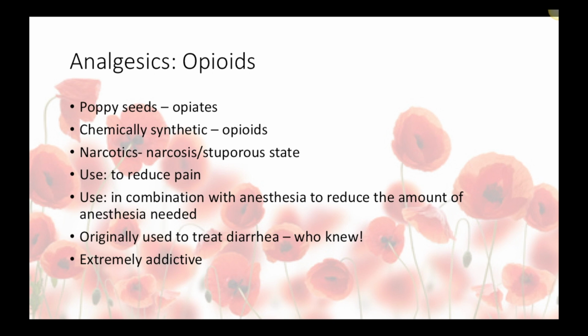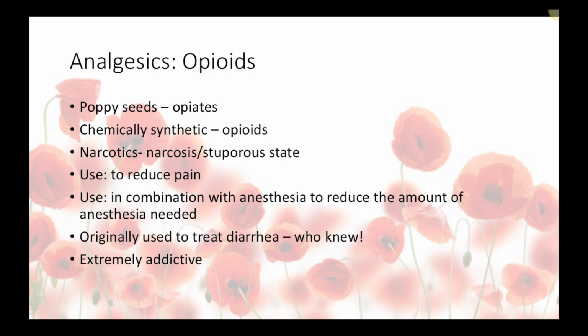And originally, oddly, who knew, but opioids were used to treat diarrhea. So during those days of cholera and dysentery, because opioids can increase the muscle sphincter tone, they can create constipation with prolonged use.